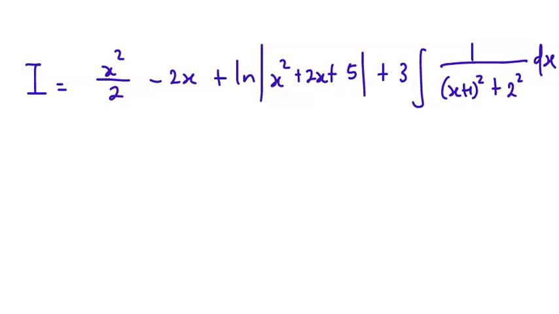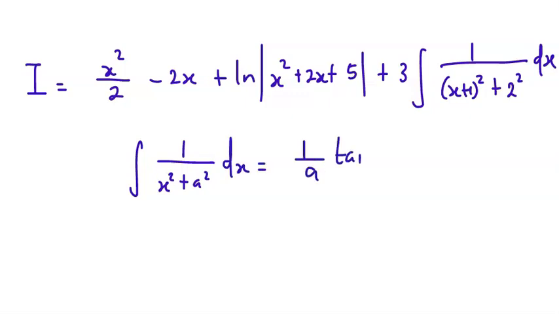We know that the derivative of x plus 1 is 1, so then we can just easily make use of this standard property. We have that the integral of 1 over x squared plus a squared dx is equal to 1 over a multiplied by the inverse tangent of x over a plus c. So using that, I think we have arrived at the solution.